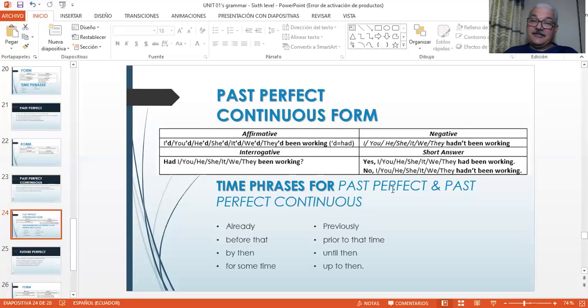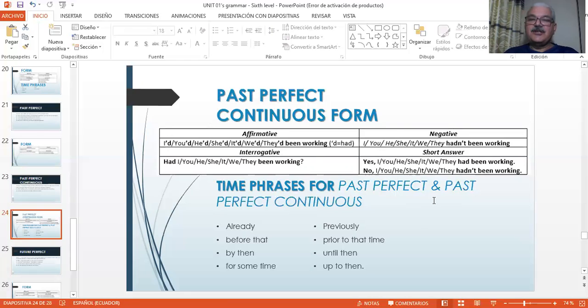To answer those interrogative questions like, had I been working for years? We can say, yes, I had. Yes, I had been working for years. Or, no, I hadn't, if it is a negative answer. Okay, but notice that all the persons, all the possible subjects of a sentence, keep the same structure.